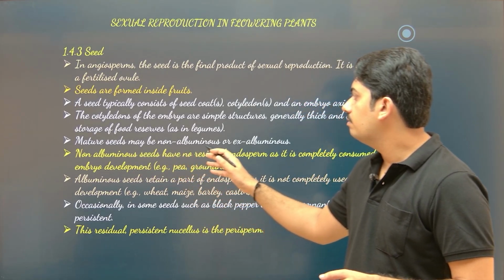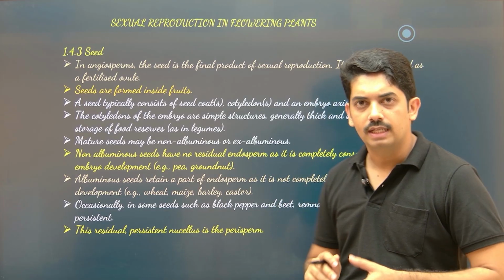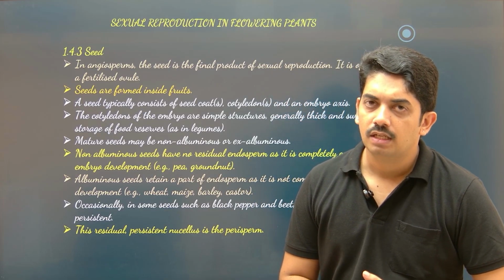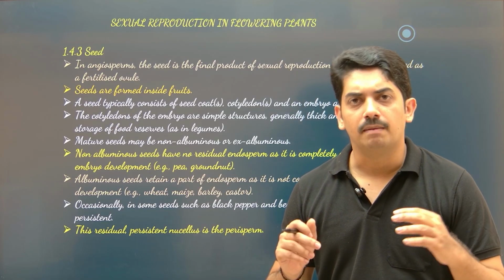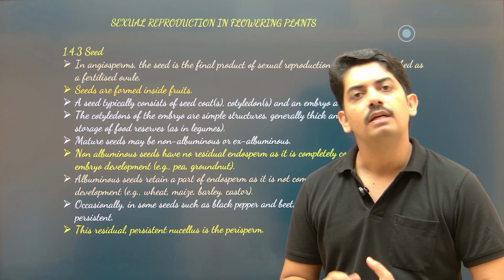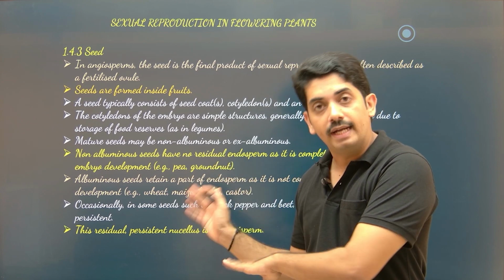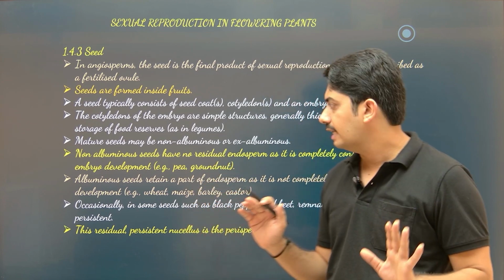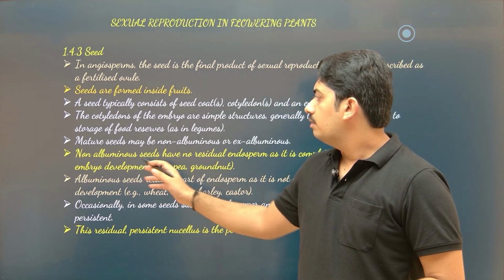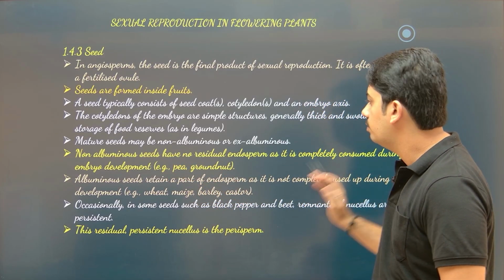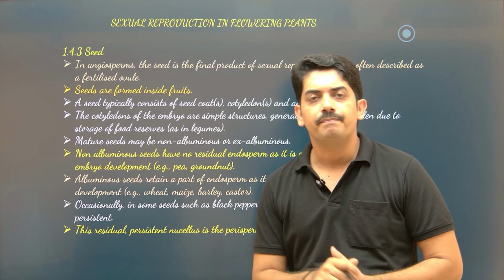Mature seeds may become non-albuminous or ex-albuminous. Why do they become non-albuminous or ex-albuminous? Because if the growing embryo completely consumes the endosperm, then we use the term non-albuminous, ex-albuminous or non-endospermic. All these terminologies are the same. Non-albuminous seeds have no residual endosperm as it is completely consumed during embryo development.